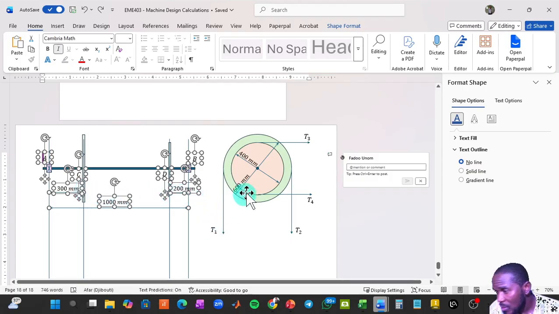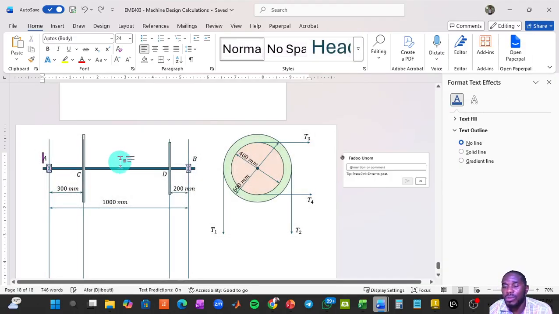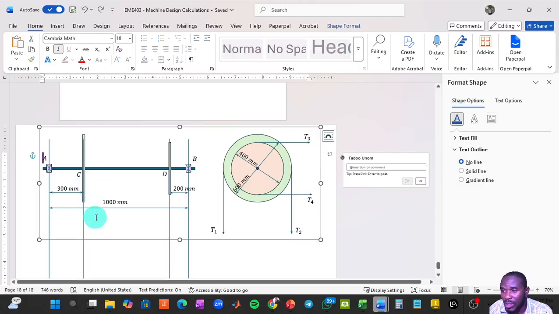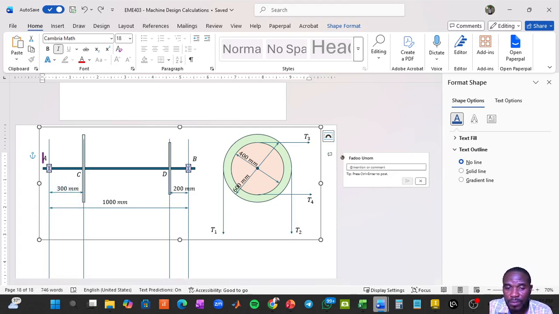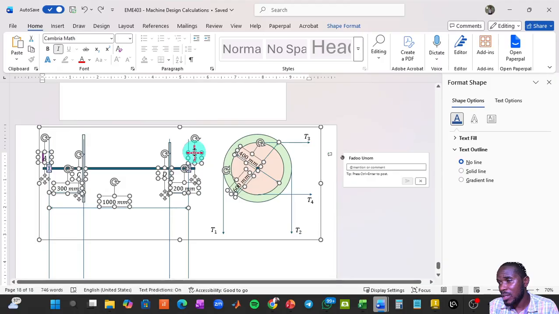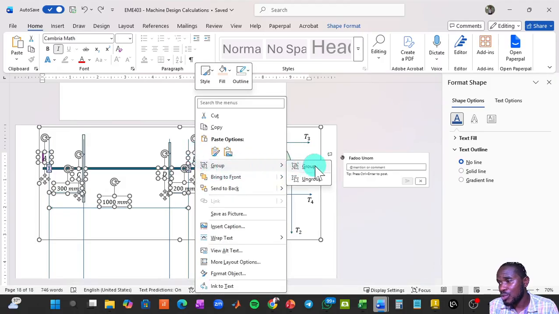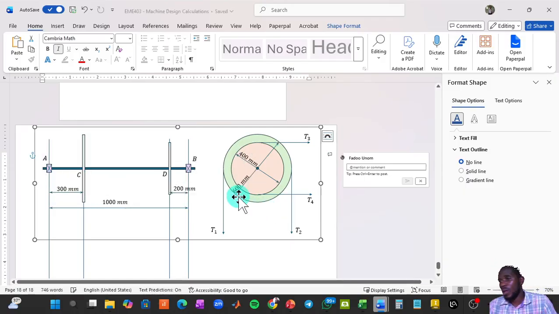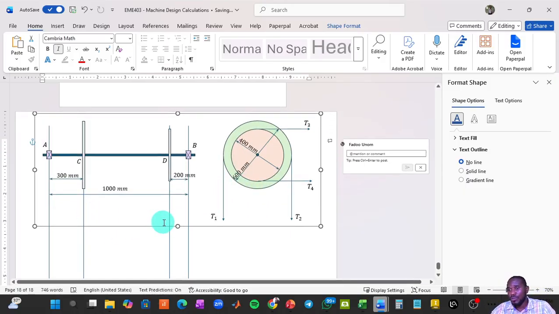And then we put that, this, and this, right? Oh dear me, what did you do? That's what I wanted to select. Let's go again. So that they are all selected now. So I will right click and group all of them. Okay, that's good for me.